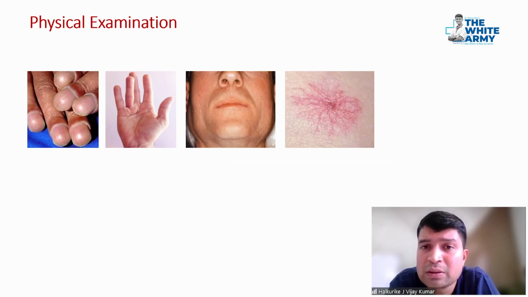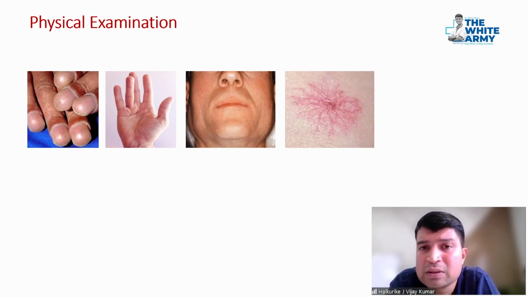Because of deranged estrogen metabolism, the small capillaries will dilate, resulting in a spider web formation with a central arteriole, which when pressed leads to disappearance of the spider.